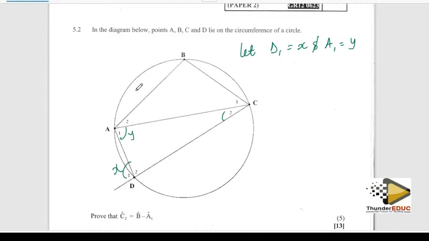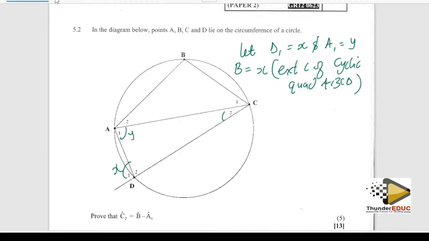Then what I know is that ABCD is a cyclic quadrilateral, which means that B is going to be the same as X. Reason, because of exterior angle of a cyclic quadrilateral ABCD.